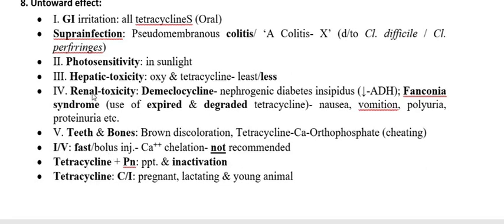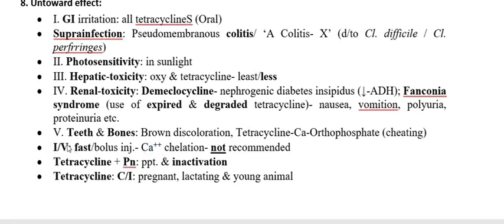Another important point with tetracycline is that it is going to chelate divalent or trivalent ions. As you know, the blood has a very high concentration of calcium, and this calcium is very much required by the animal for body use.